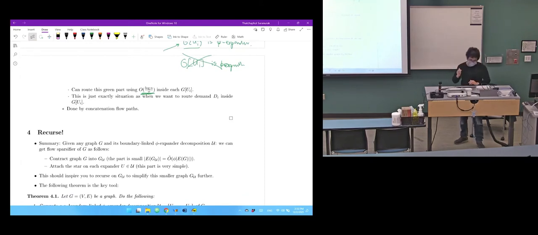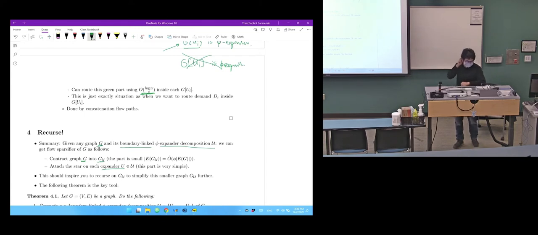So to summarize, given any graph G and its parallel-linked expander decomposition, you can get a flow sparsifier by contracting each part of G into GU, and you get a smaller graph. For each part, you attach a star. So that's already a full flow sparsifier of quality 1/5.